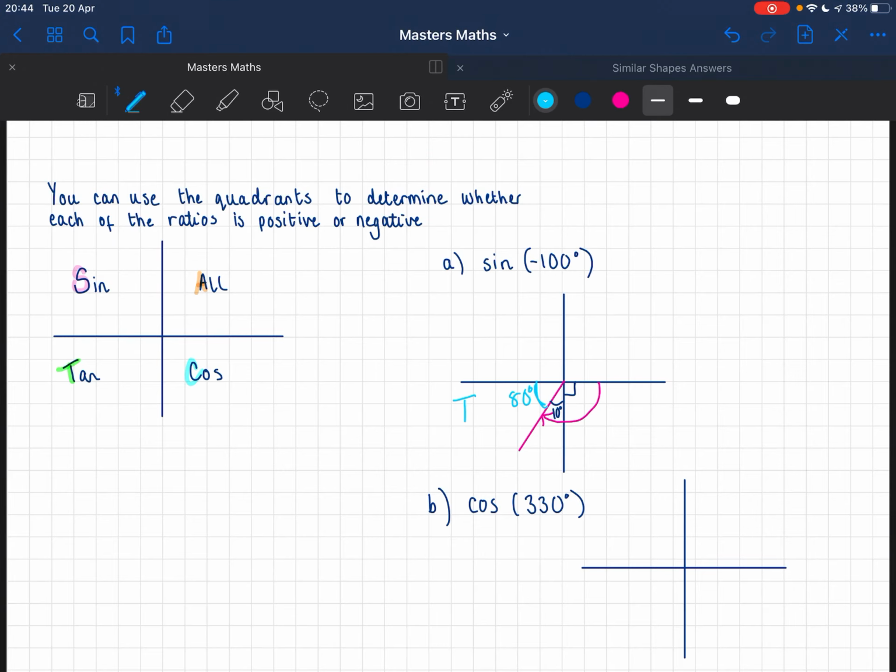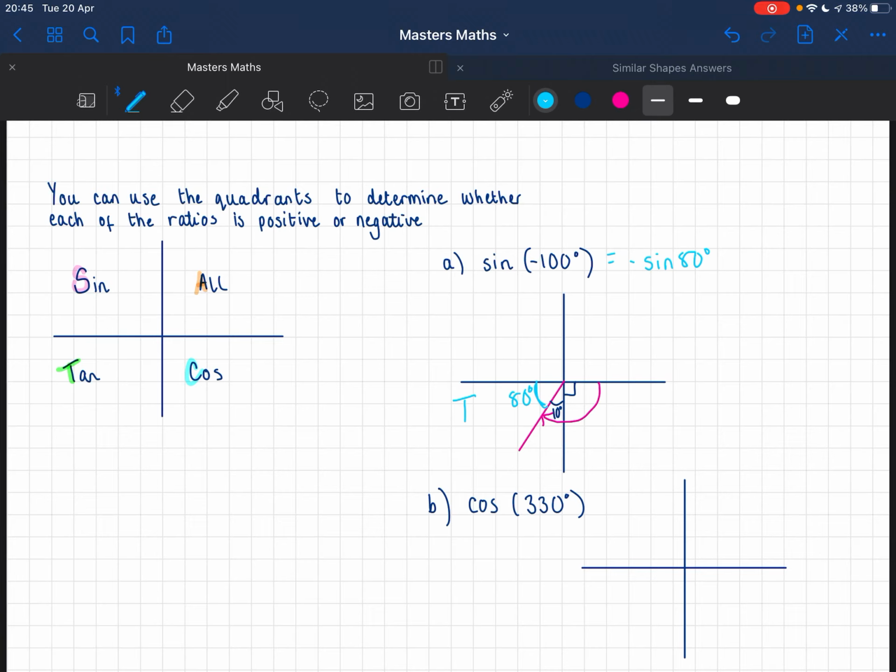So we're going to say that sin negative 100 is equal to minus sin 80, because it has to be negative because of the quadrant it's in, and then the angle 100 will correspond to the angle 80 using angle rules. And now it's an acute angle. 80 is less than 90, so it's acute.